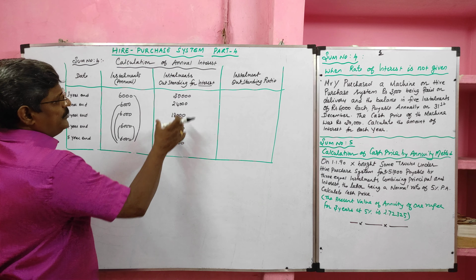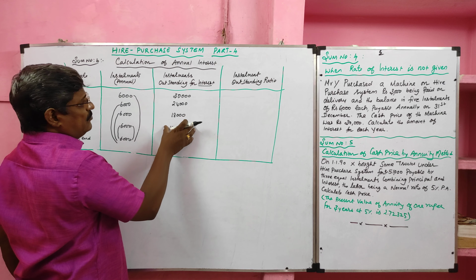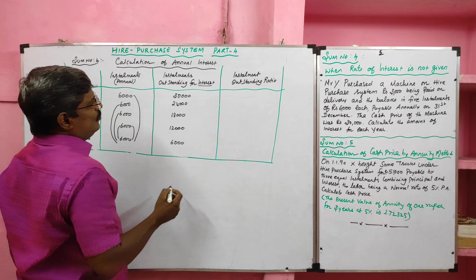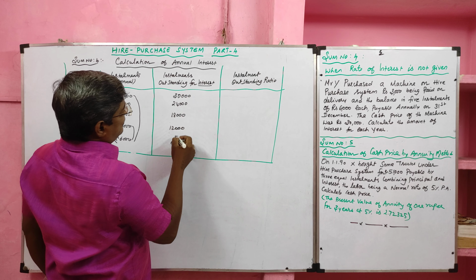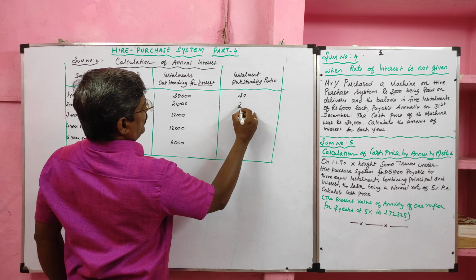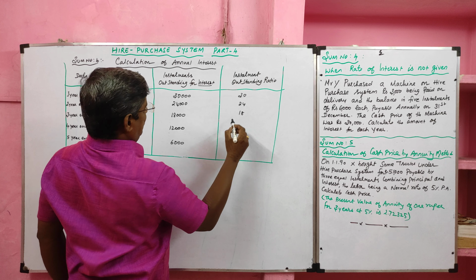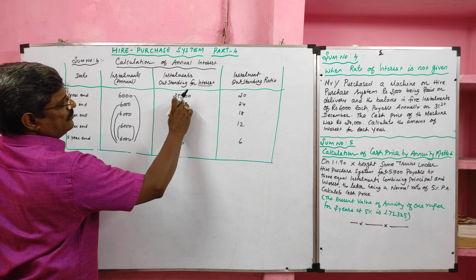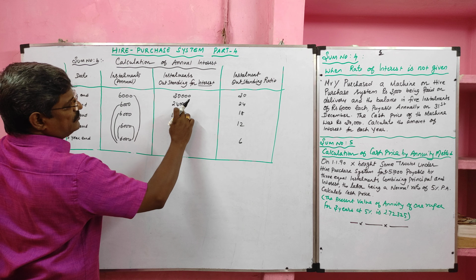Now I am going to convert these installment outstanding for interest into installment outstanding ratio. All are divisible by 1000, so we can write 30, 24, 18, 12, 6. I divided all the values by 1000: 30,000 divided by 1000 is 30, 24,000 divided by 1000 is 24, like that.